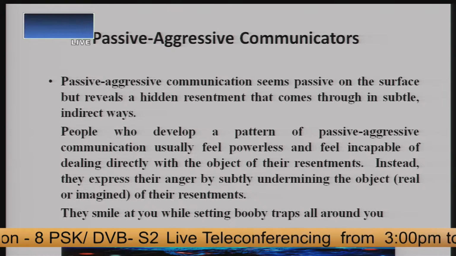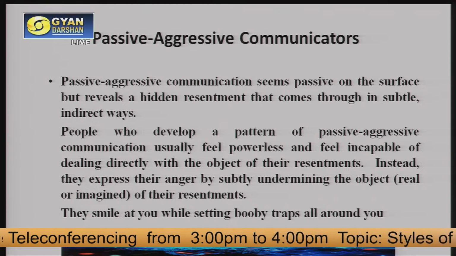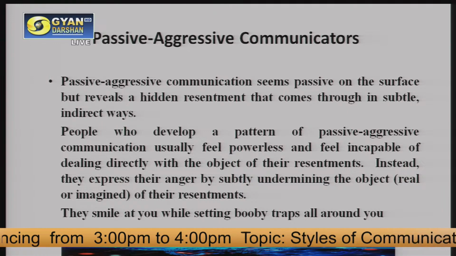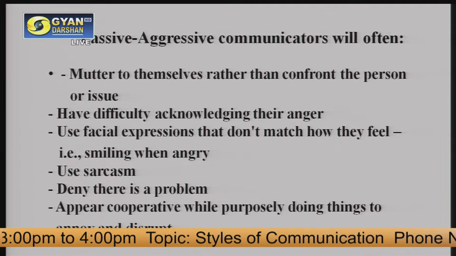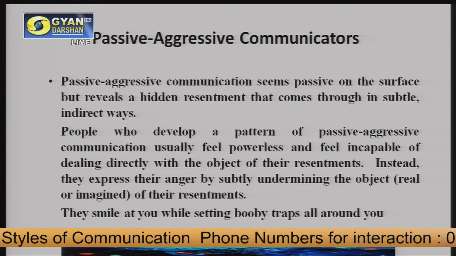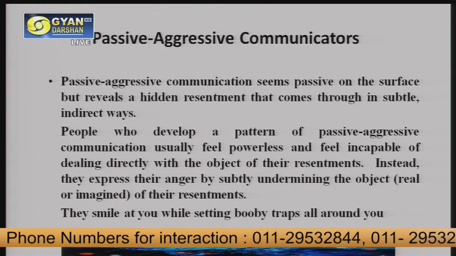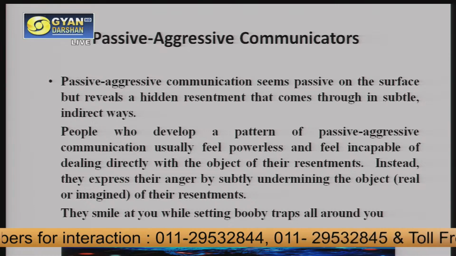They smile at you while setting booby traps all around you, right? That's also the reason why, when we talk about a passive-aggressive communicator, it is popularly known as a double face.